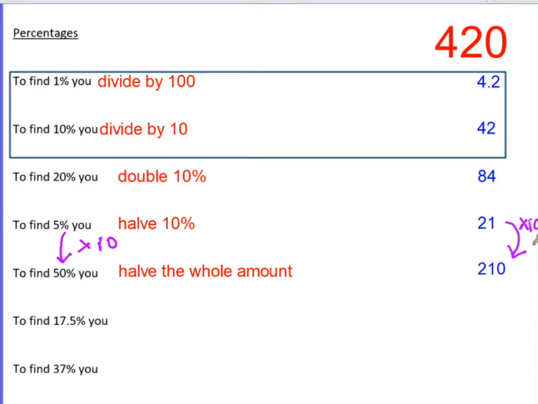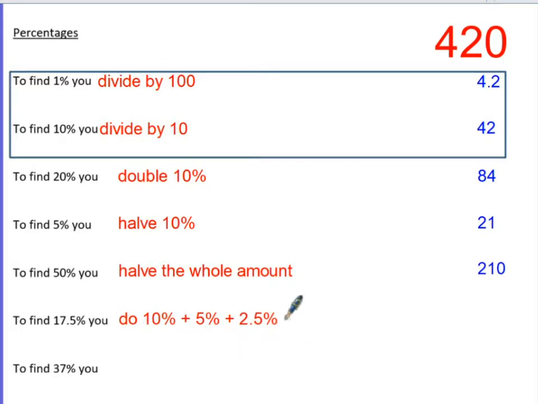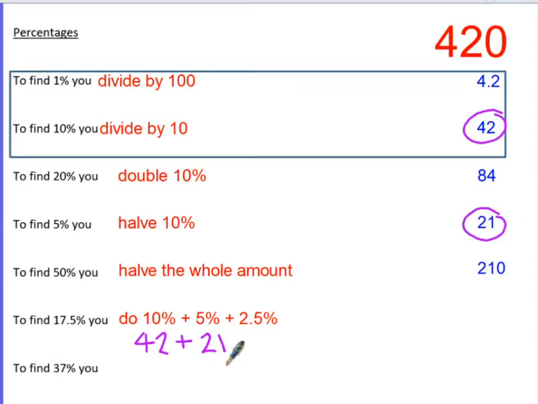To find 17.5%, what you can do is get 10%, add on another 5%, and then add on 2.5%, because that would make up 17.5%. 10% we know from earlier is 42. 5% we also know is 21. If you want 2.5%, you can say, well, that is half of 5%.